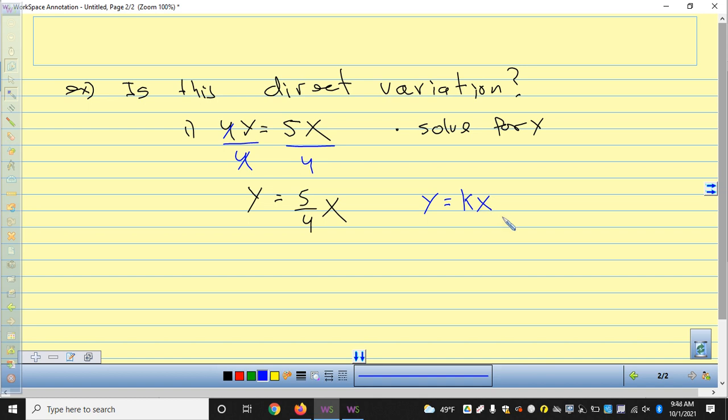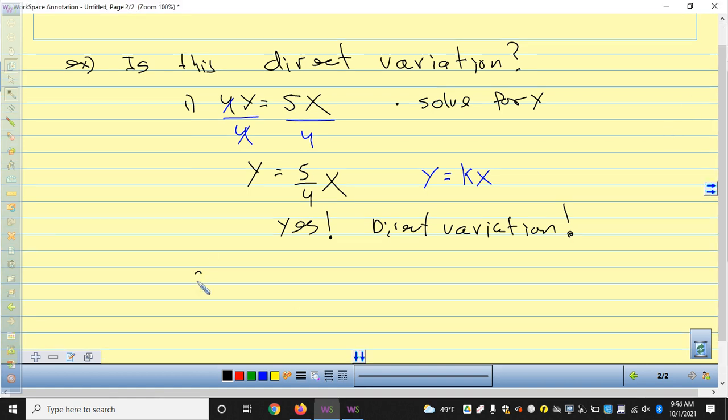Yes. So this is, yes, direct variation. So to decide if it's direct variation, see if it looks like y equals some number times x when you get y by itself.